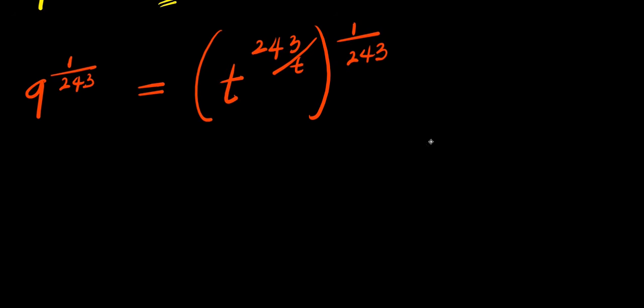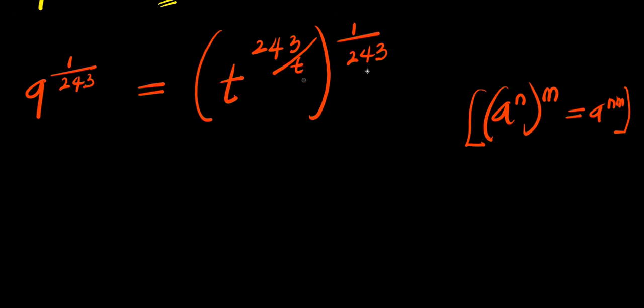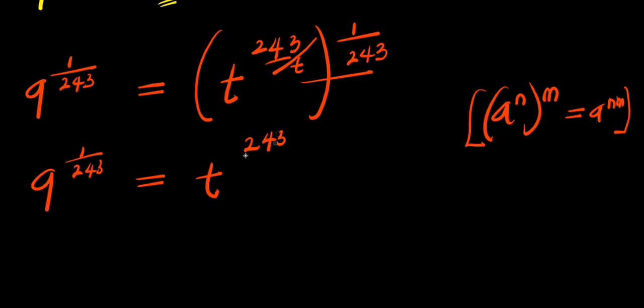Then I consider this identity. I have a power m raised to the power of n equals a power m times n. I multiply this out. What I'm going to have is 9 power 1 over 243 equals t power 243 times 1, that is 243 divided by 243t.